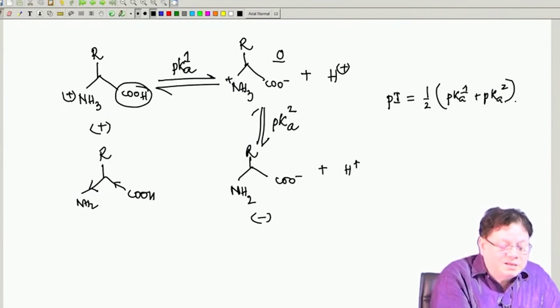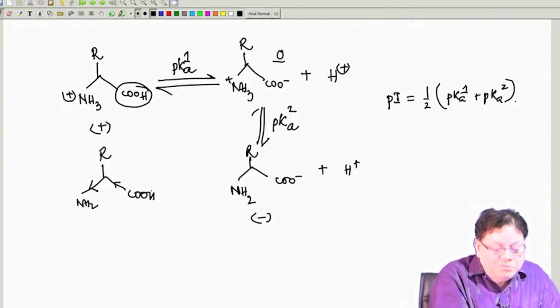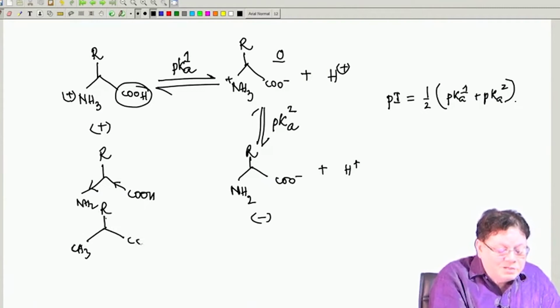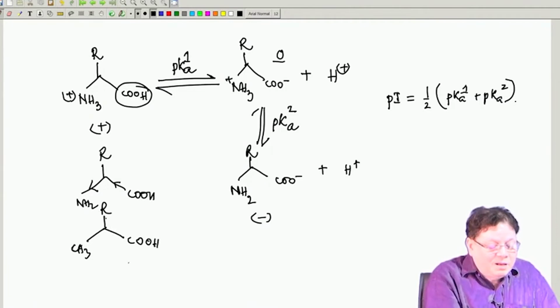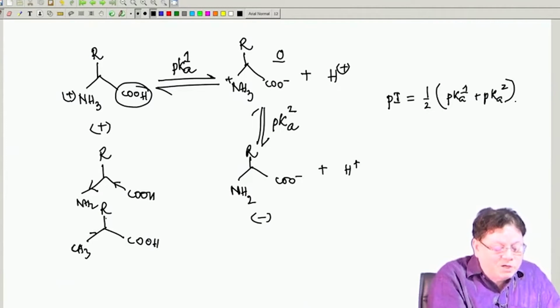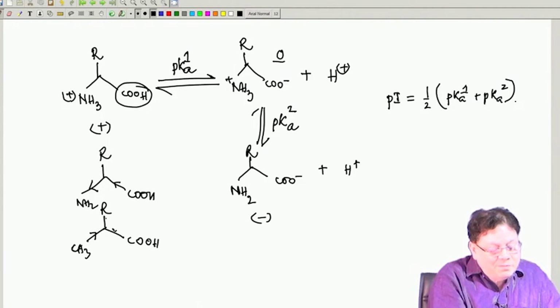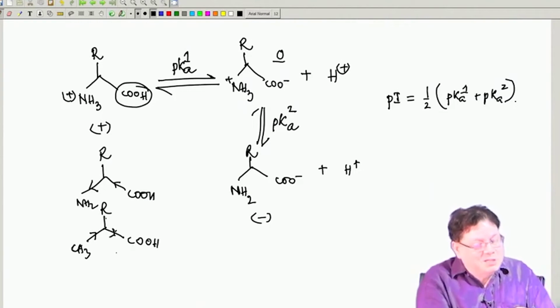That will facilitate the release of the hydrogen from this. That means, if I have, suppose, a methyl R and then CO2H, in the case of methyl it is the other way around: methyl pushes electrons on this side, and that ultimately is transmitted to this carbon.